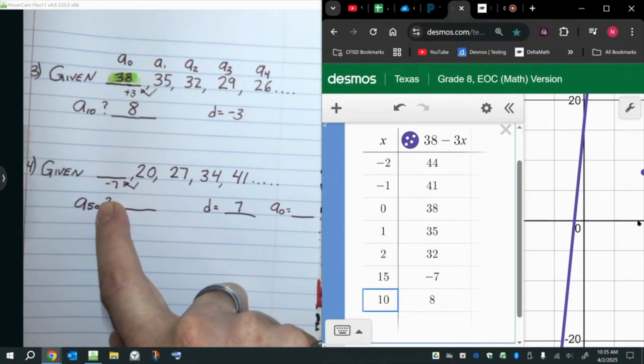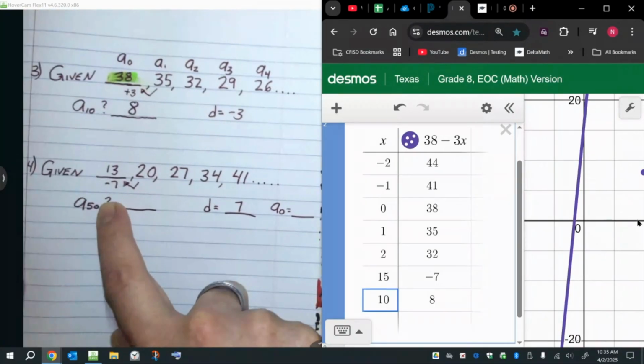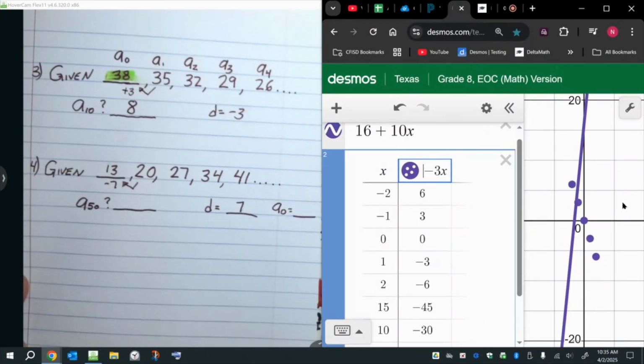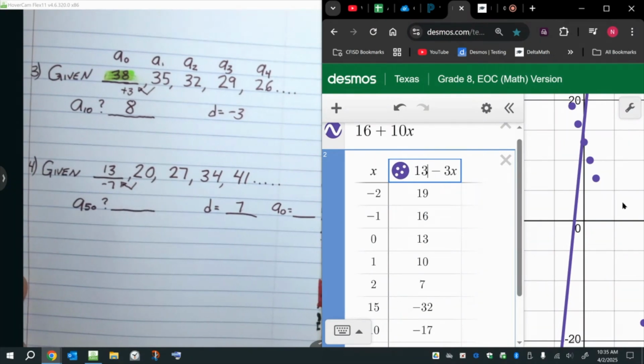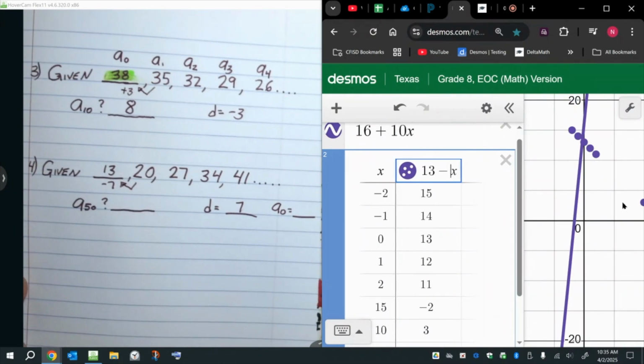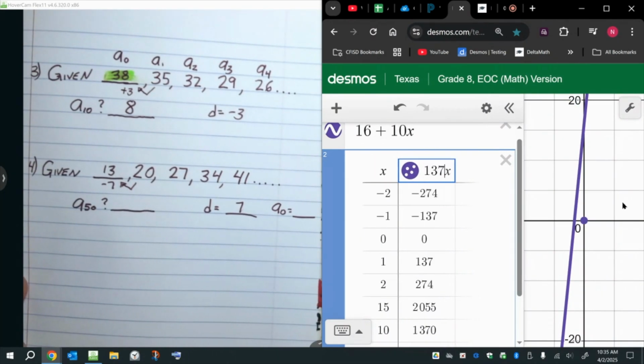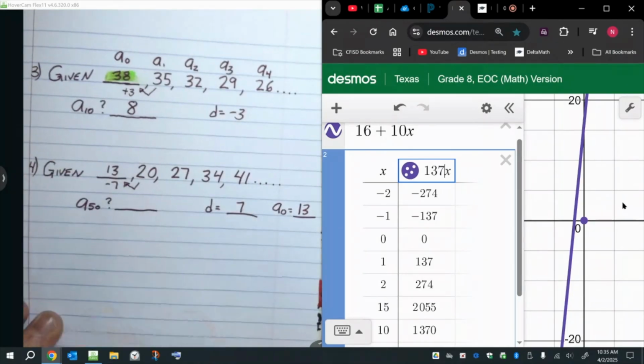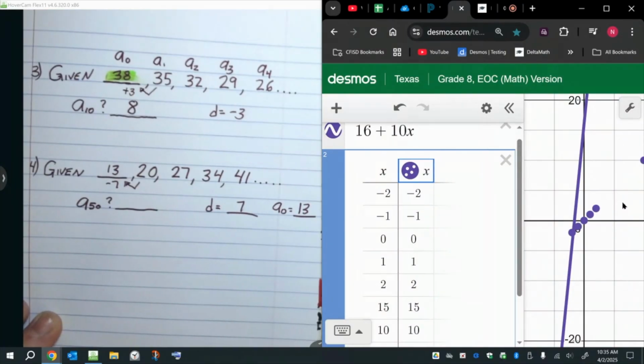If I subtract 7, that's going to be 13. So I know that this begins at 13. And I know that we're adding 7 each time. And so there is my sequence.